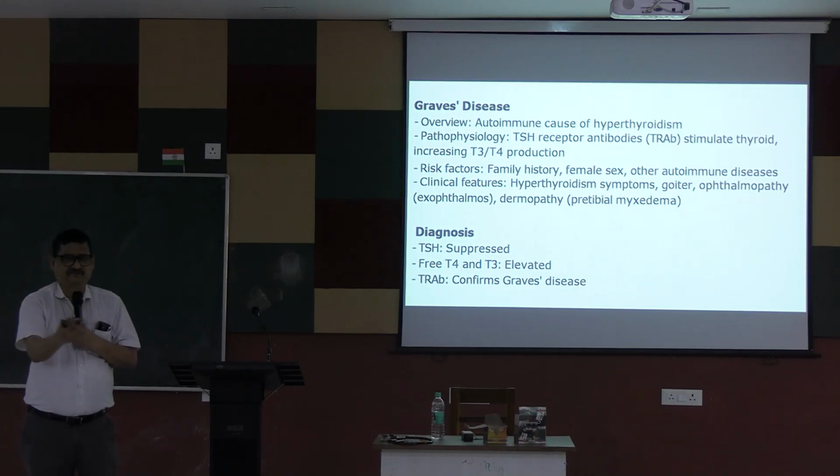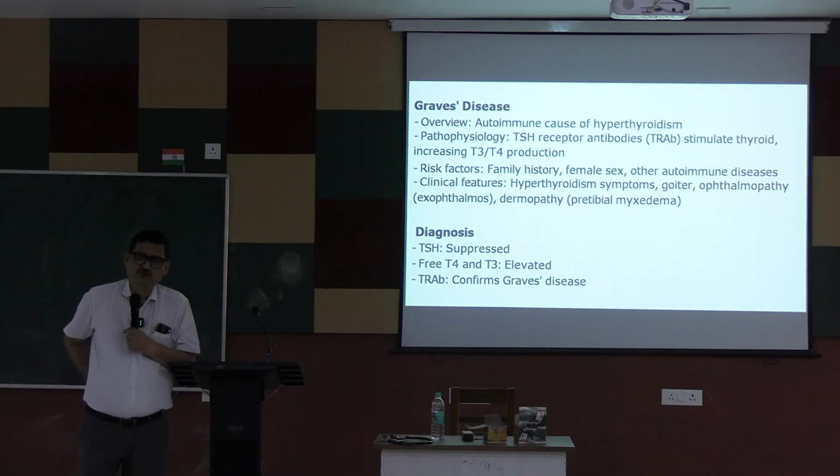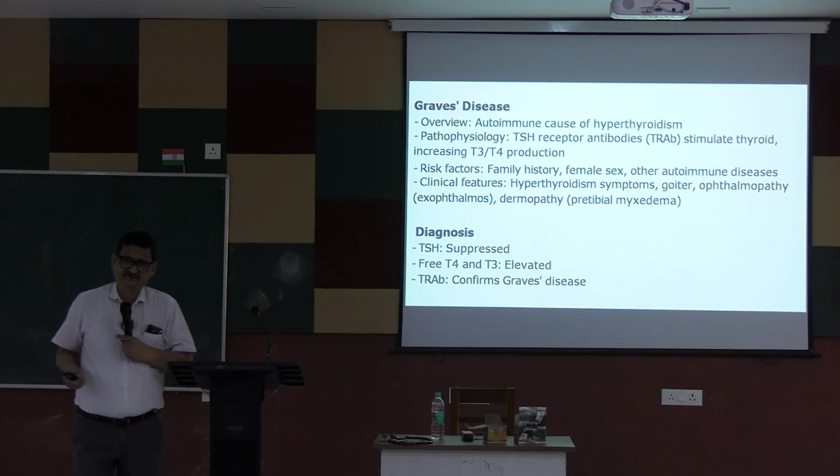So at random, with a suspicion in your mind, you do an autoimmune test and you see anti-TPO is very high, but the patient is euthyroid. So there are different variations of the clinical spectrum. If you are clear in your mind, then you can diagnose the case.